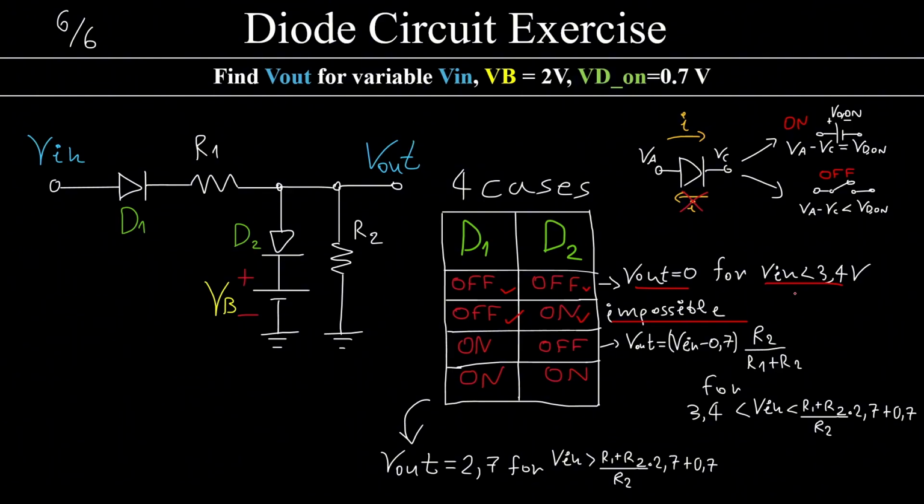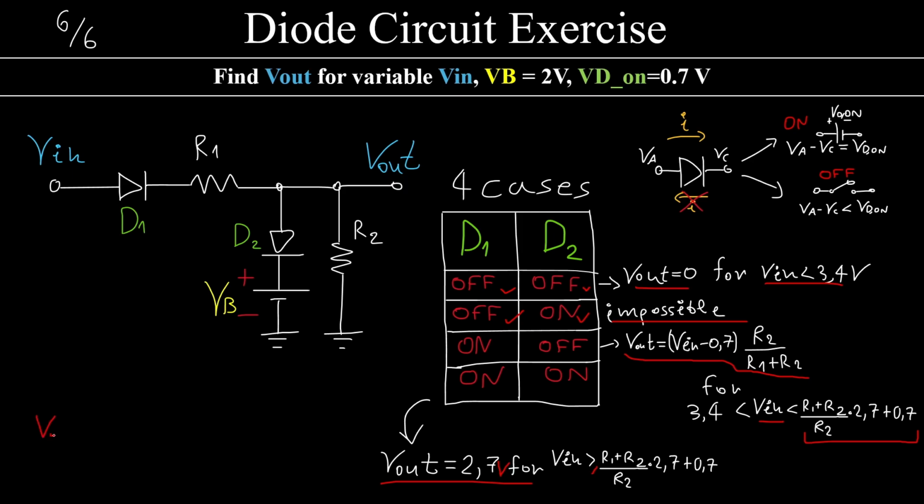When Vin reaches 3.4 and goes upwards, up until some point here, Vout is going to follow Vin linearly, with this equation. And when Vin is more or equal than this value over here, then Vout is going to have a constant value of 2.7 volts.